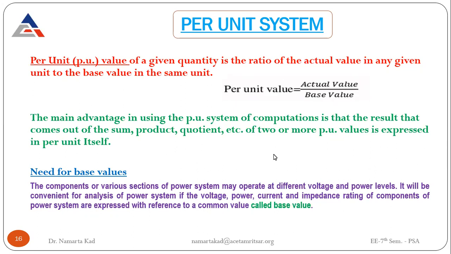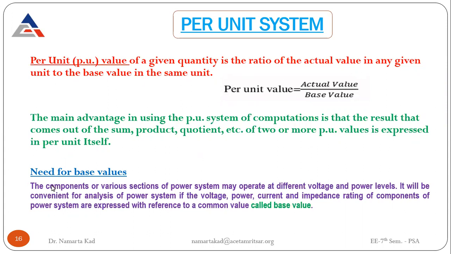Like if you want to multiply, add or subtract two quantities of different units, maybe one is power and the other is voltage, the answer still comes out in per unit. There's no answer in volts or amperes like this. The answer is in per unit.